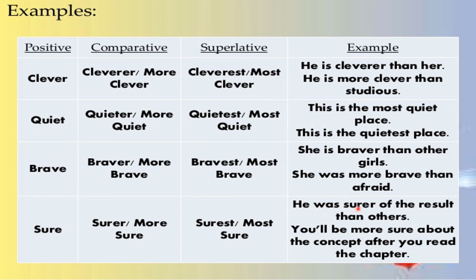He was surer of the result than others. Comparative degree is here because than भी आ रहा है और er भी आ रहा है. अब इसका देखिए example. You will be more sure about the concept after you read the chapter. We have used more. Okay. So more sure and surer both are right.